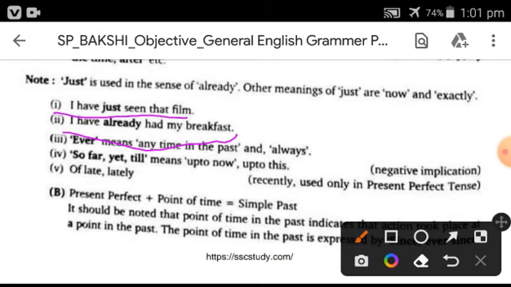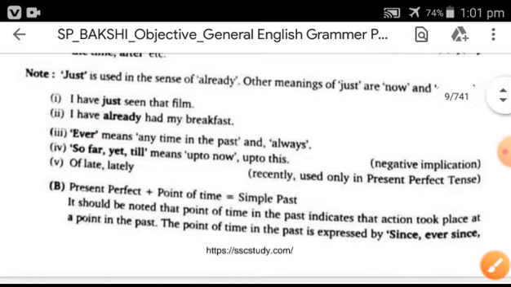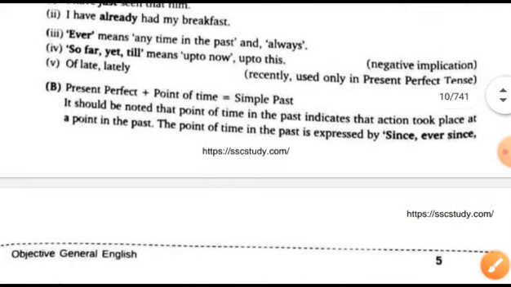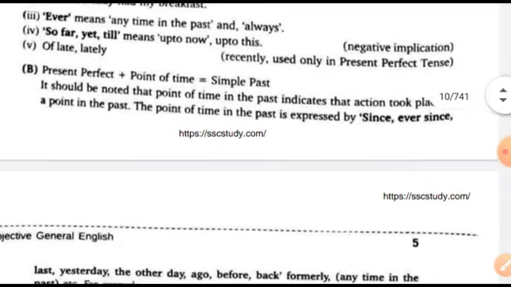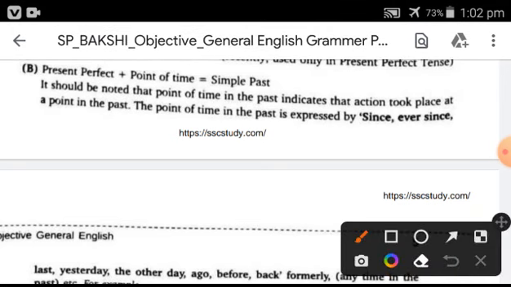And some other important points are also written for you here. Present perfect plus point of time. Listen, these are the most important words.